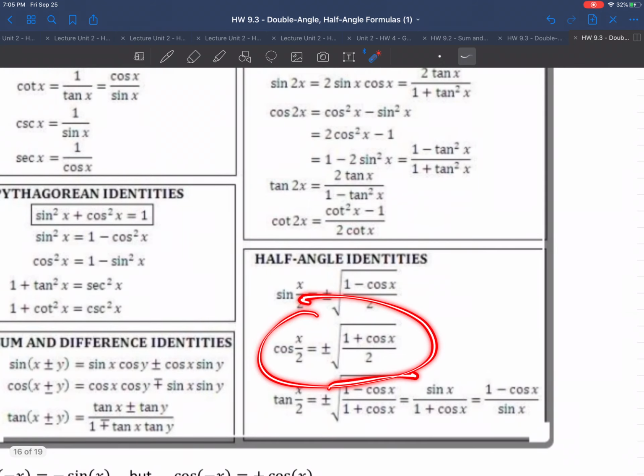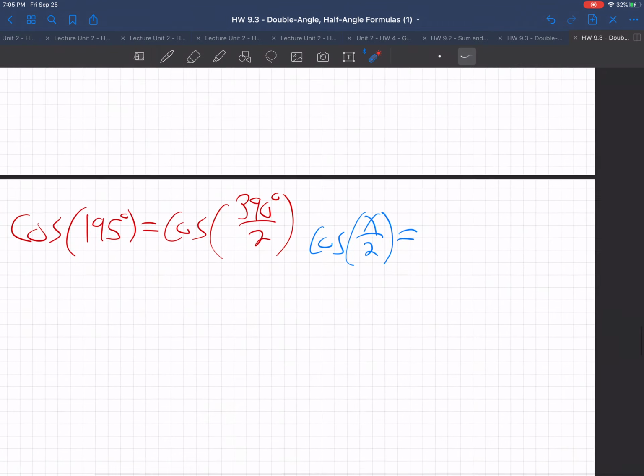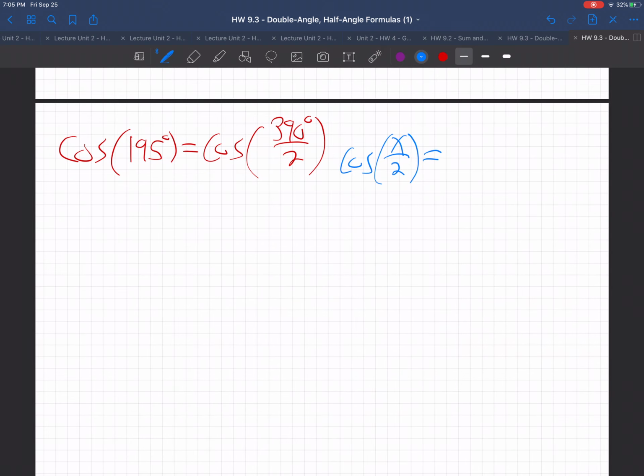Plus or minus the square root. It's almost the same thing. The only difference is a plus there and a minus there. So this is plus or minus the square root of 1 plus the cosine of x all over 2.